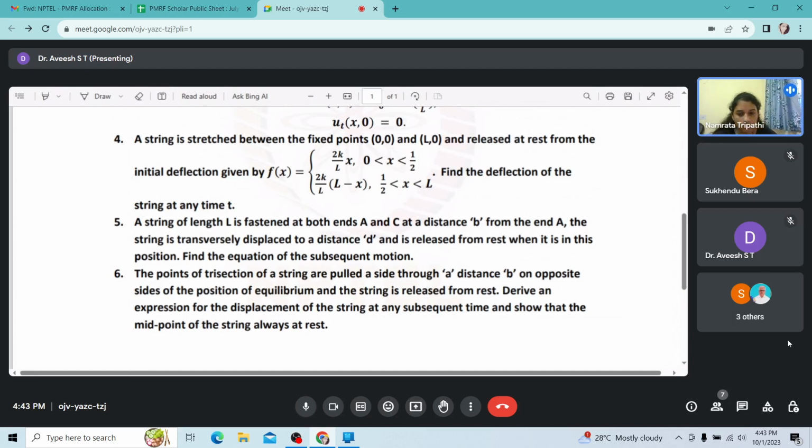Has anyone solved this problem? Avish, have you tried this problem? Yes, ma'am, I have tried. Okay, you can tell me the approach.